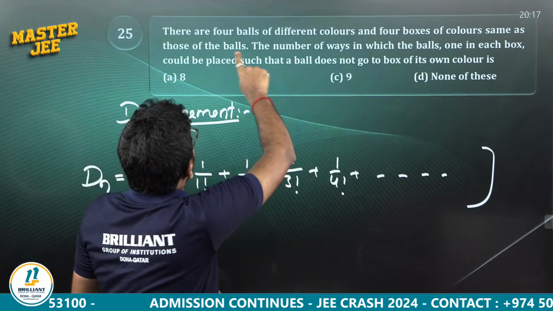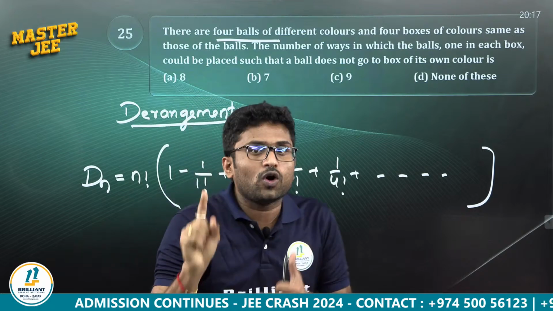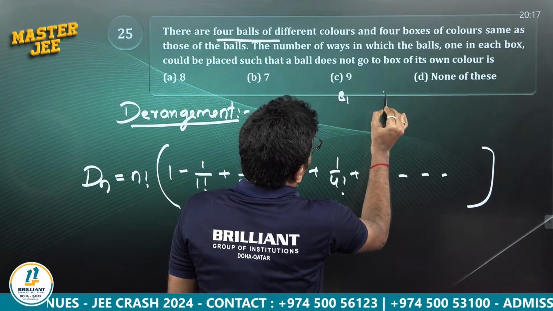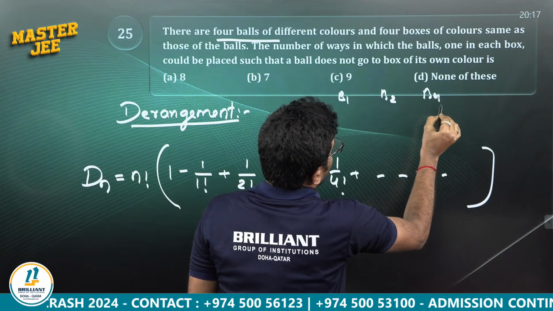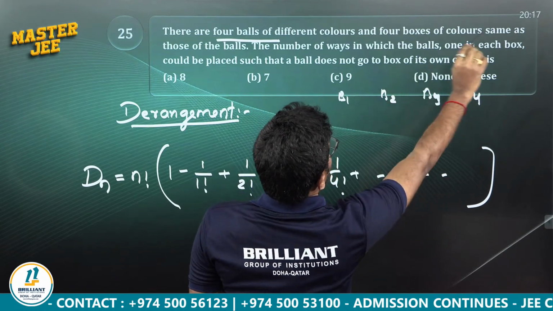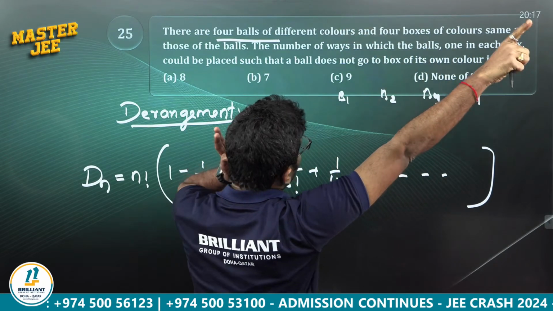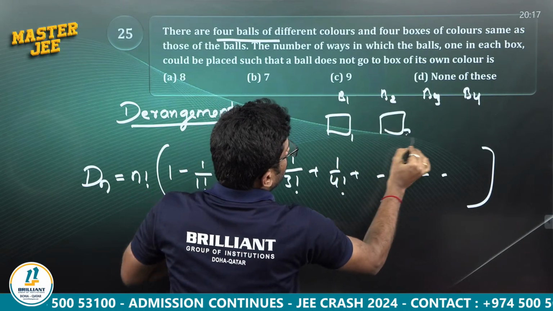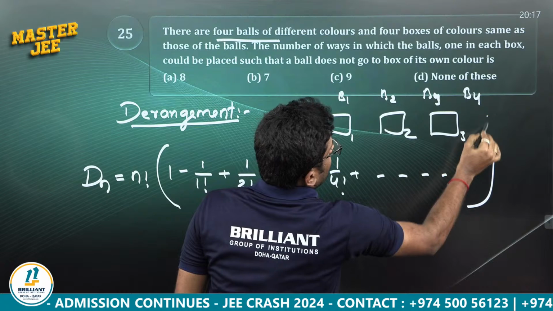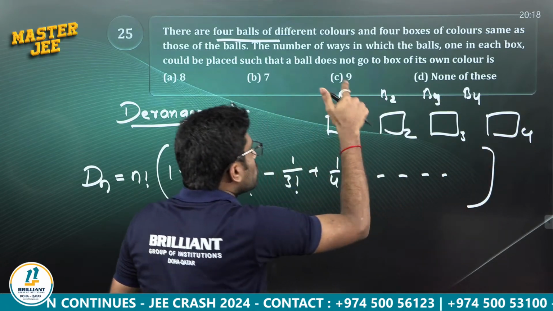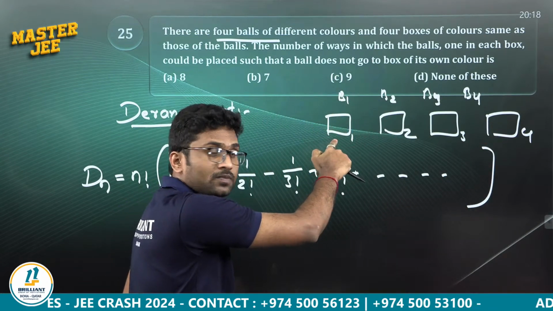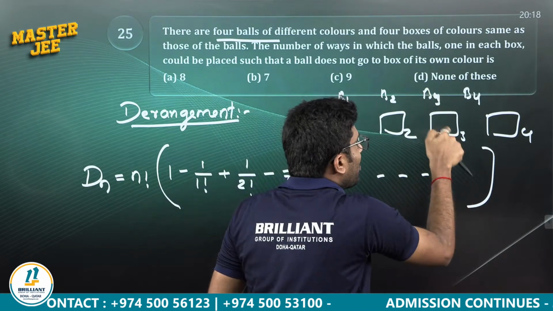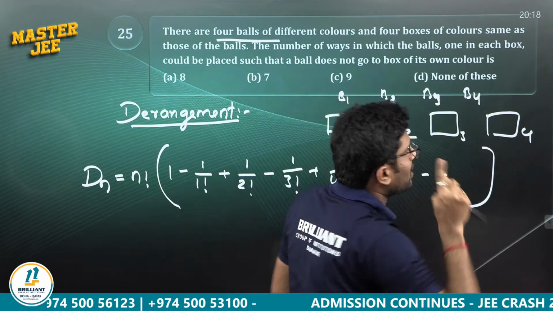Now here there are 4 balls: ball 1, ball 2, ball 3, ball 4. Next we have 4 boxes: box 1, box 2, box 3, box 4. B1 should never enter box 1, B2 should never enter box 2, B3 should never enter box 3, B4 should never enter box 4.